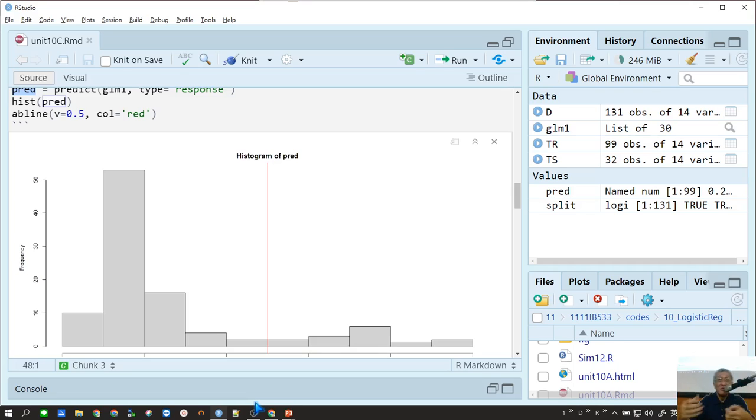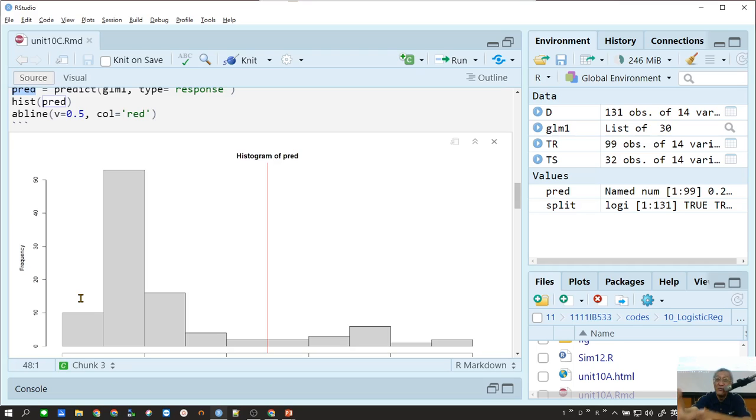For all of these points, I will predict their pool care to be 1. For these points, I will predict their pool care to be 0. But the prediction cannot always be the same as the actual value.